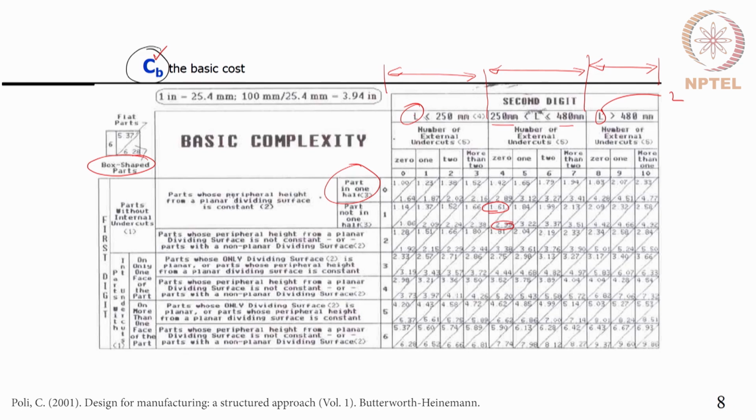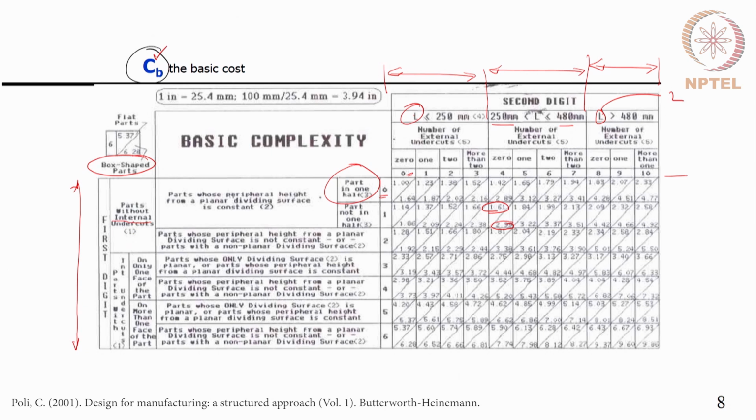And based on the internal and external undercuts, I will choose the row. So, here there is a coding, so it is a 2-digit number. This is the first digit and the second digit is in the column. The first digit is decided based on features like the internal undercuts.